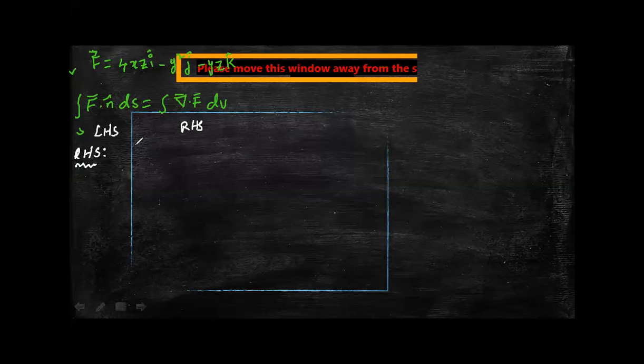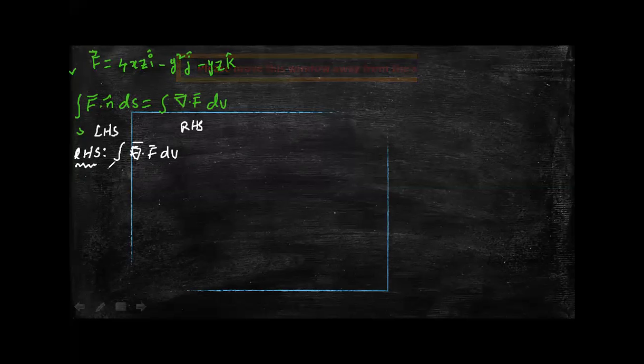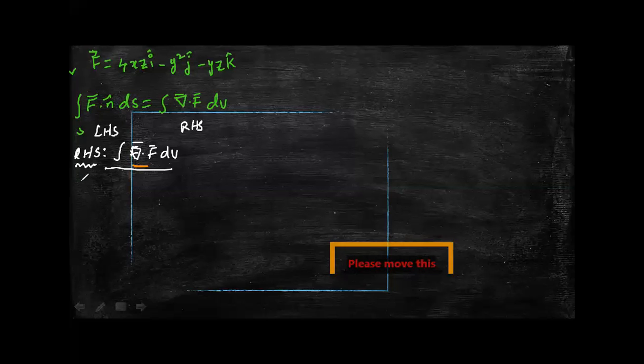Now the first part, RHS, we can take it. So we have to calculate the divergence dot F dV. To prove this, first we have to calculate this. Divergence is the operator dot F. I'm going to write directly because I already explained it.